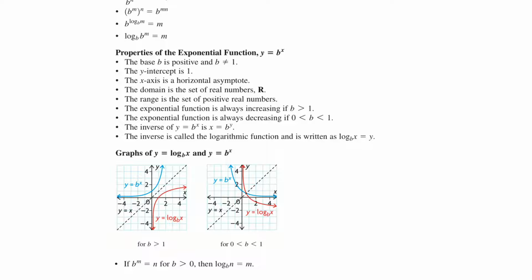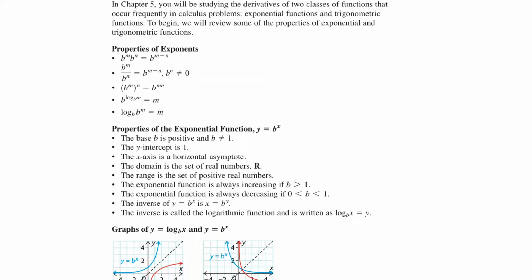Let's go over the definition of log one more time. If b to the power of m is n and b is greater than 0, log of n base b is m. Using log, we can find the exponent. b to the power of log of m base b is m.